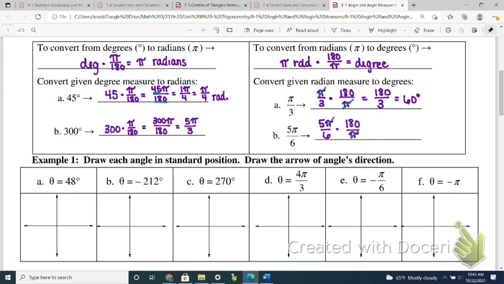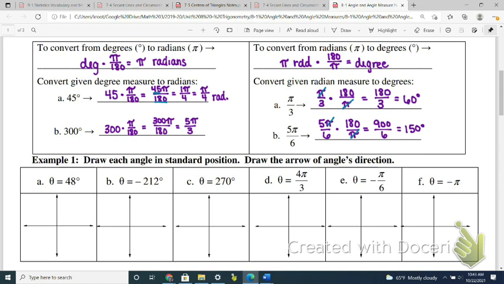My pi's cancel out, so I'm going to do 5 times 180, which gets me 900. On bottom, I have the 6. 900 divided by 6 is 150 degrees. So let's take a look at graphing some angles, both in degrees and in radians.